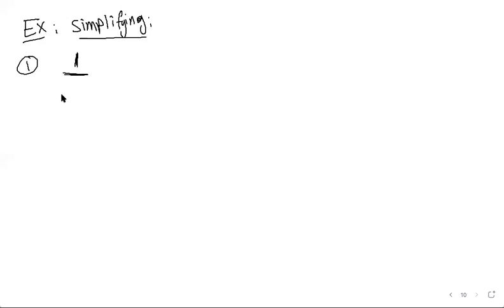So the question is: simplify by writing the radicals as exponents. So how can I write this one, the radicals as exponents?